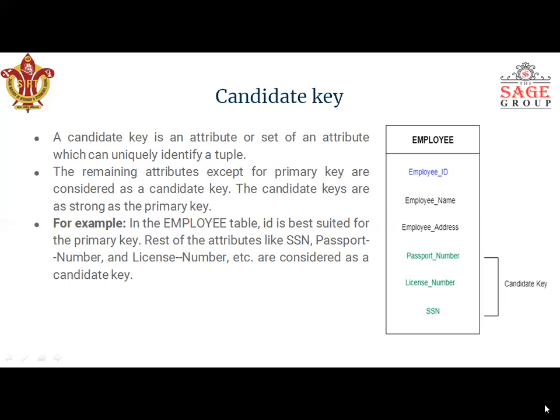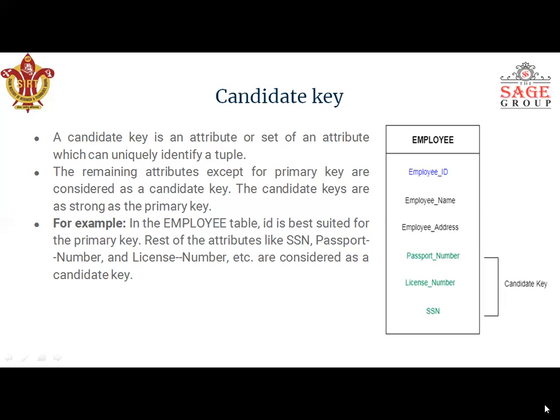In the given example, the employee ID is there, so that is the primary key. But suppose the employee ID column is not available there, so we have to search for a candidate key. Here we have 3 attributes: passport number, license number, and social security number.